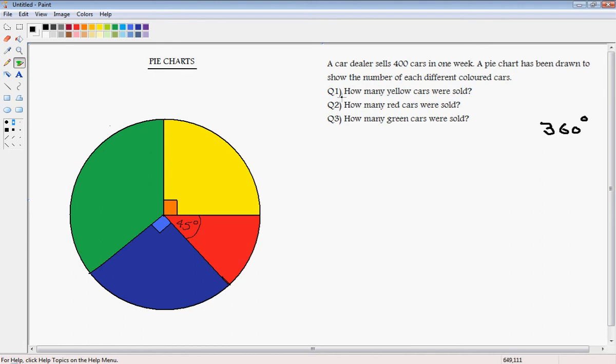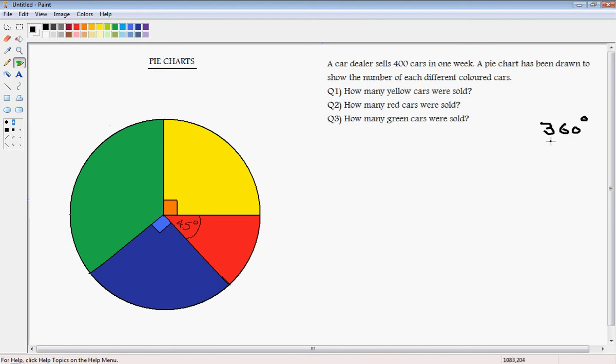If we go to question 1, as we do the question, you'll see how I'm doing this and how it works. Question 1: how many yellow cars were sold? This part of the pie chart represents the yellow cars.